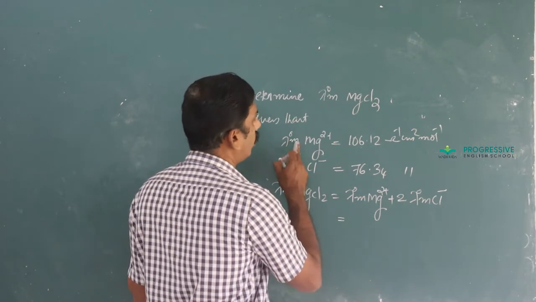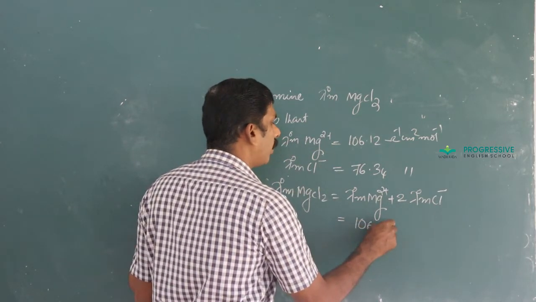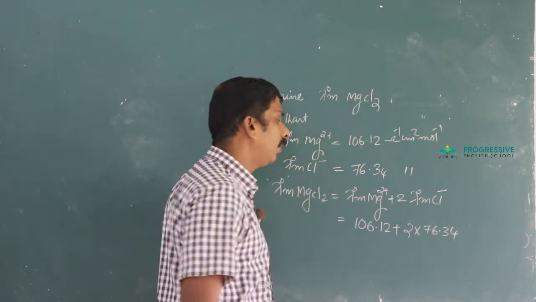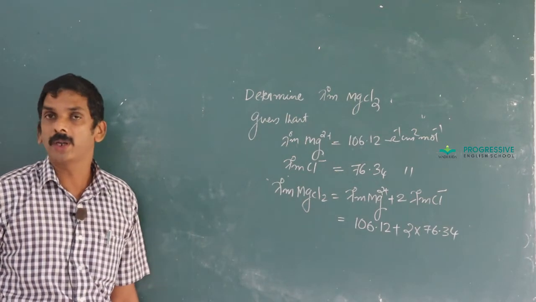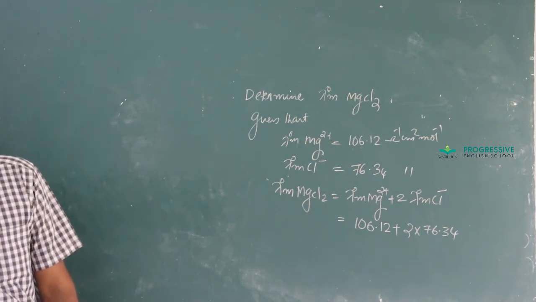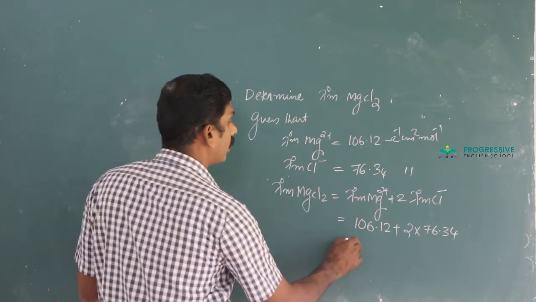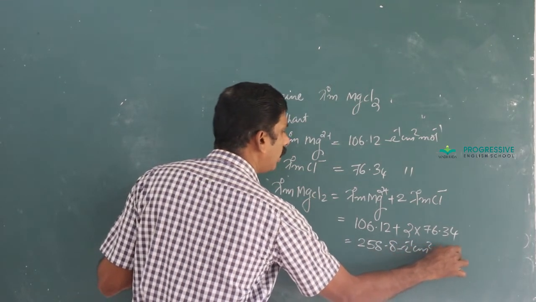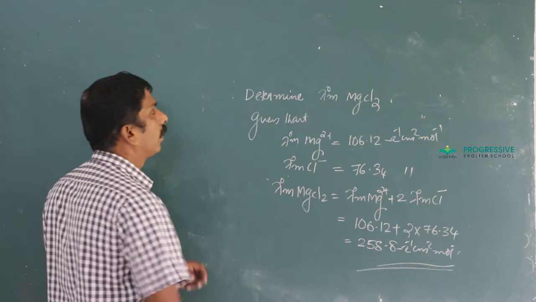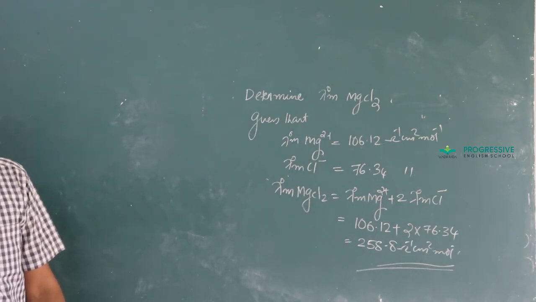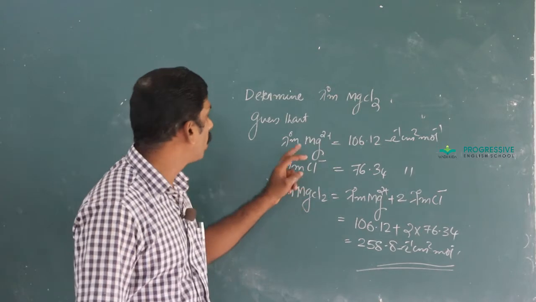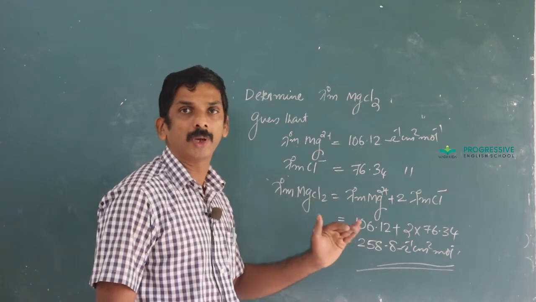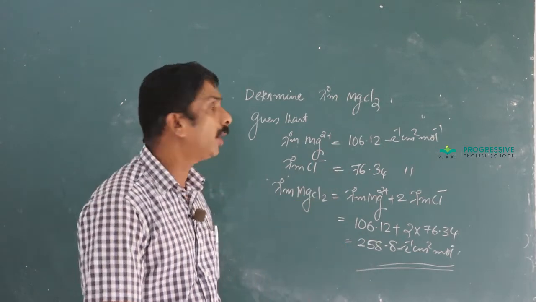Therefore, it is equal to 106.12 plus 2 into 76.34, that is equal to 258.8 ohm inverse centimeter square mole inverse. That is a direct question. If somebody uses only lambda 0m Mg2 plus lambda 0m Cl minus, the answer is wrong, because one molecule of magnesium chloride contains 2 chlorine atoms.